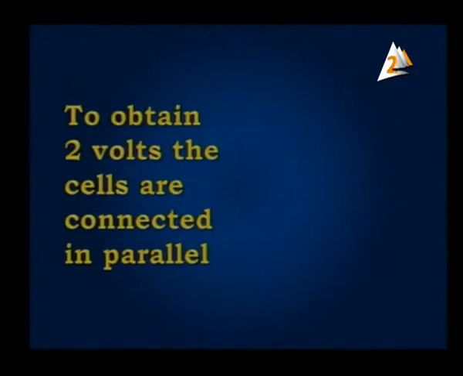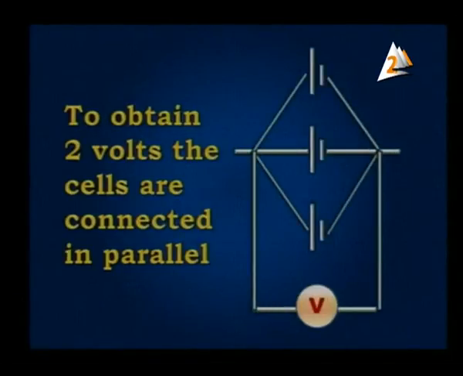The second one, to obtain 2 volts, is cells connected in parallel. Why? Because if you make a parallel connection, all the positive poles connect at one point in the conductor, and all the negative poles connect to each other at one pole, so to obtain the 2 volts, the cells are connected in parallel.